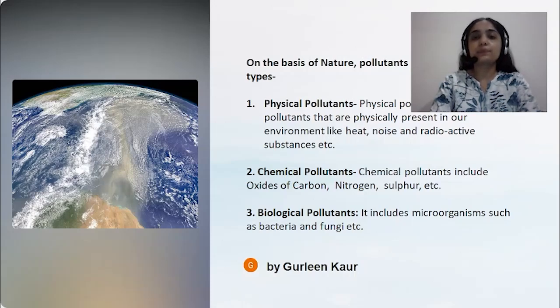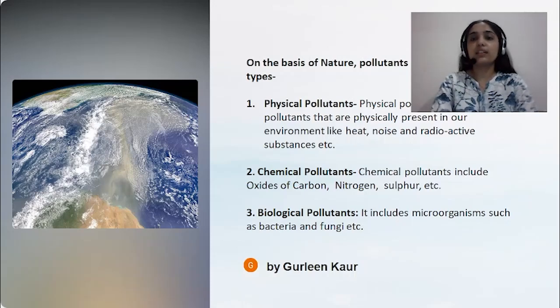Next is chemical pollutant. Chemical pollutants are made up of chemicals like oxides of carbon, nitrogen, sulfur, etc. Third one is biological pollutant. Biological pollutants are all those pollutants which are made up of microorganisms such as bacteria and fungi.